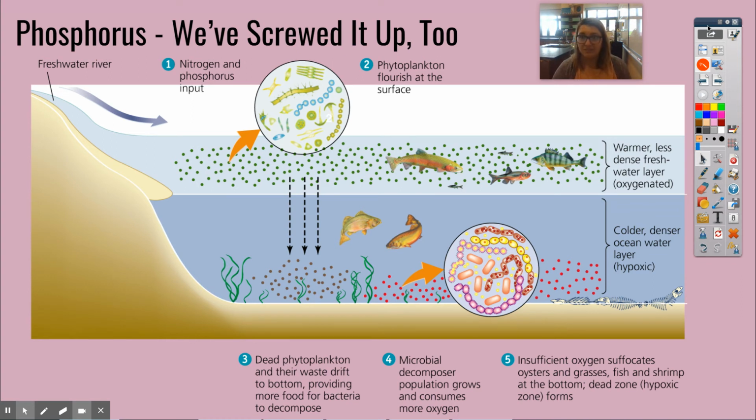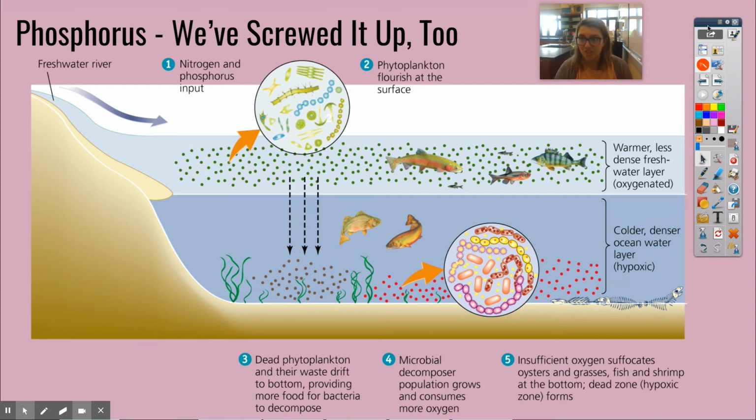Decomposers also live in bodies of water, and the more dead stuff, the more decomposers, because now they have more food. As the decomposer population grows, they use up more and more oxygen in the water. Remember, all living things need oxygen to go through cellular respiration. Eventually, there's so little oxygen that it suffocates all living things in the water.